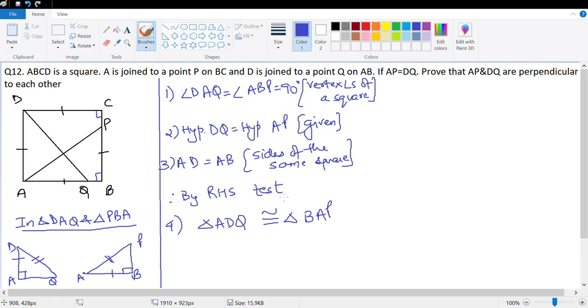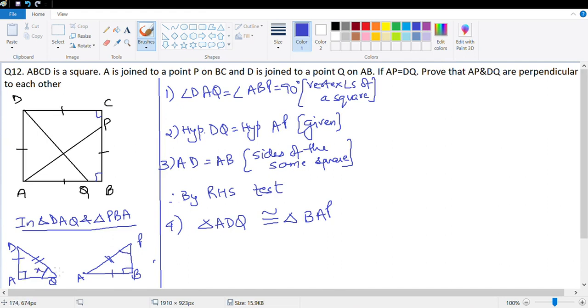What does this give us? This gives us that this angle and this angle are equal. Let's just write that down. In terms of CPCTC, it will tell us that this angle DQA will be equal to APB. Perfect.